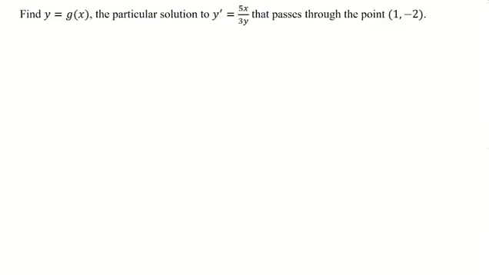I think now would be a good time for y'all to try this on your own, find yourself a particular solution, and check your work against mine. We got to change y prime to dy dx so that we can separate variables.